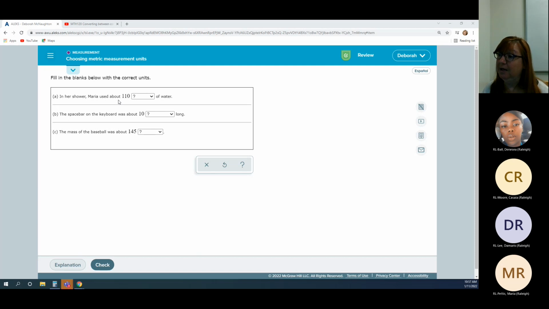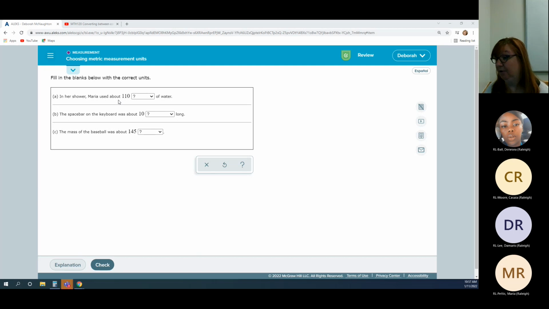So usually anything that we would measure in feet or yards, you're going to measure in meters. Anything that you would measure in inches, you're going to measure in centimeters, and anything really tiny would be in millimeters. And then kilometers, you would use for anything you would measure in miles.